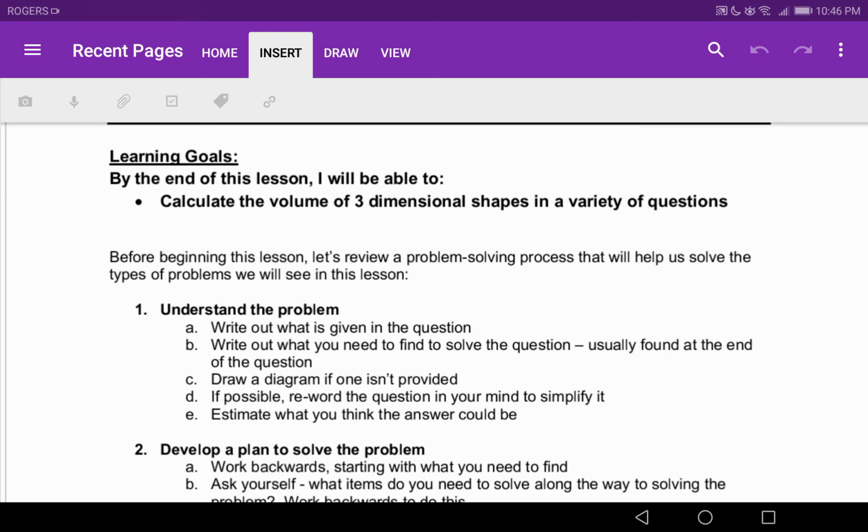It's always better to write it down though. Going through this problem solving process that I have on this first page will be extremely beneficial as we answer these questions, and I think you'll see that when we start them.